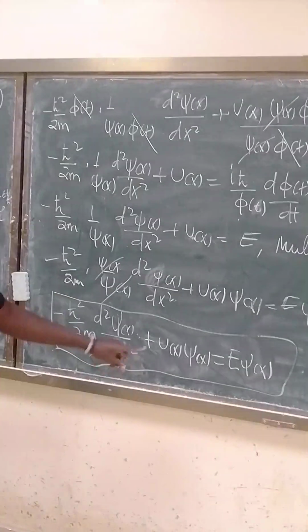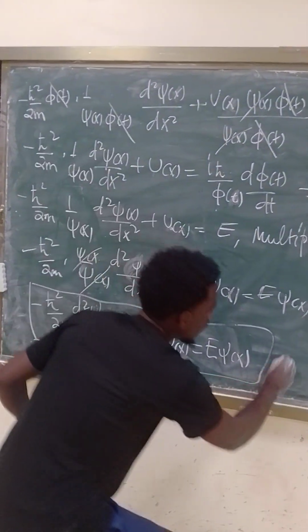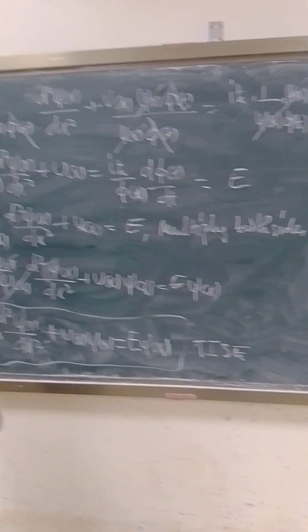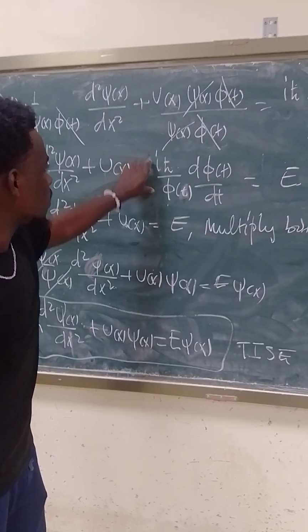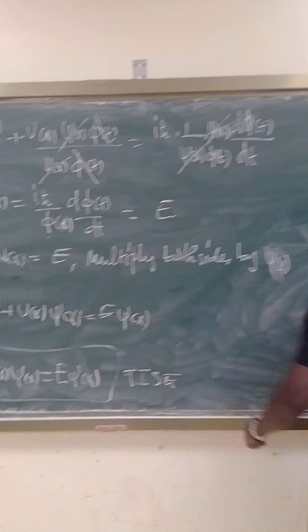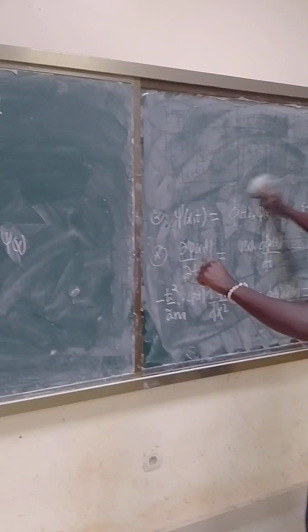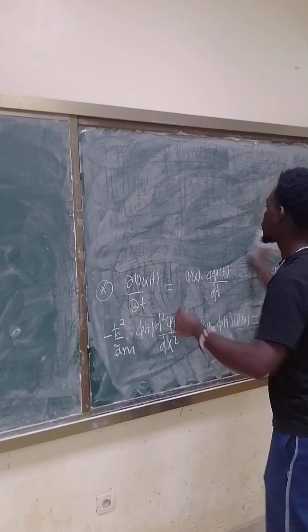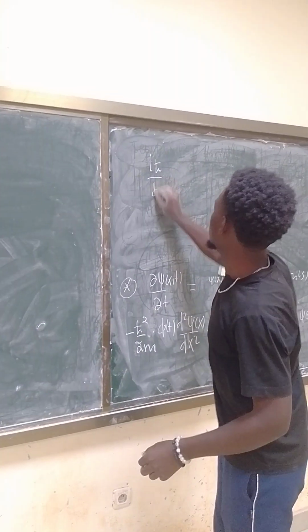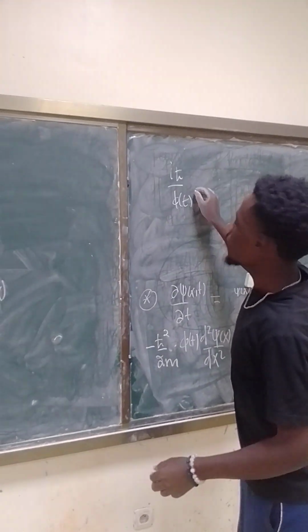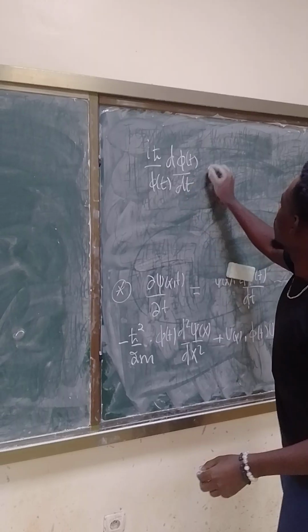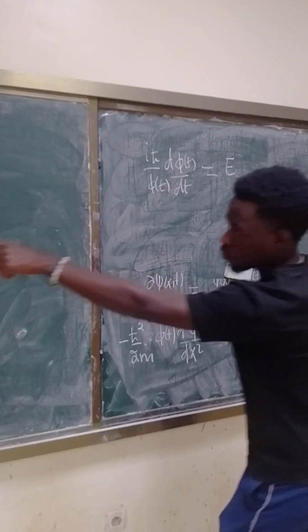This is the time-independent Schrödinger equation. So now the other part, this right hand side, is also equal to E. This part, iħ over phi as a function of time times d phi over dt, also is equal to that same constant E that we talked about.